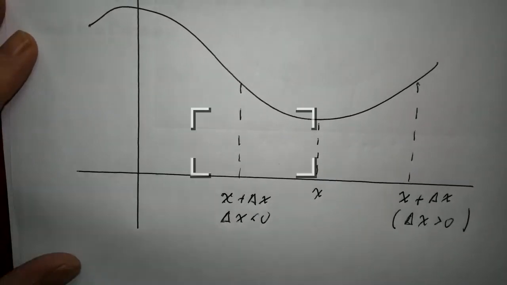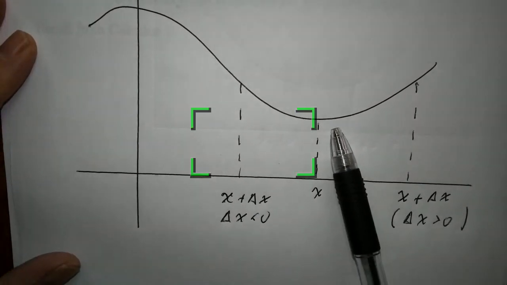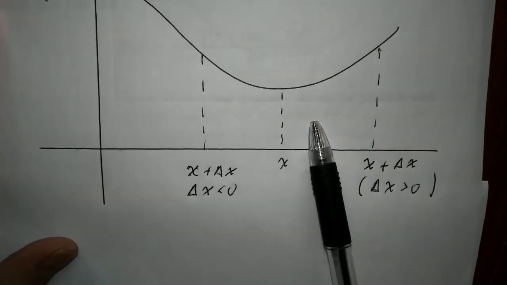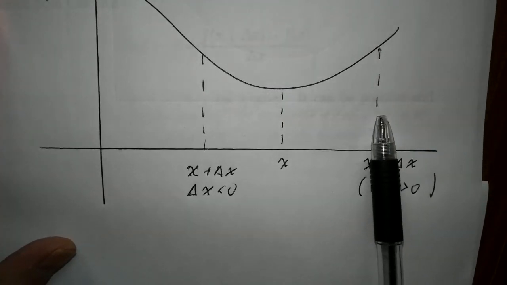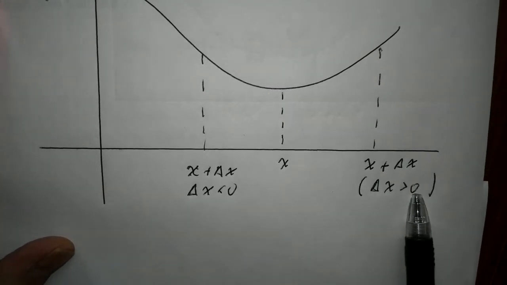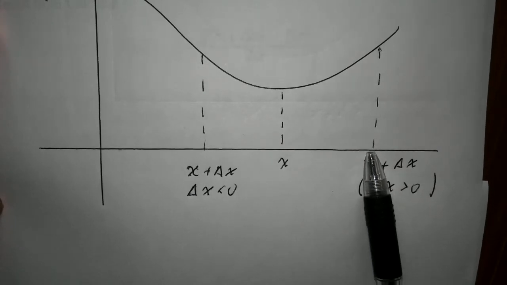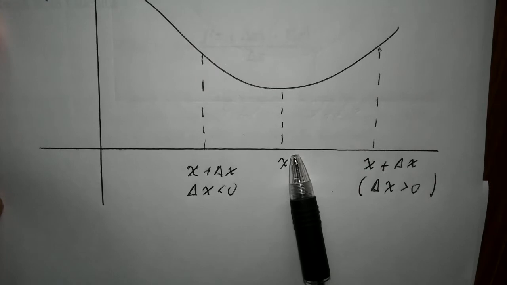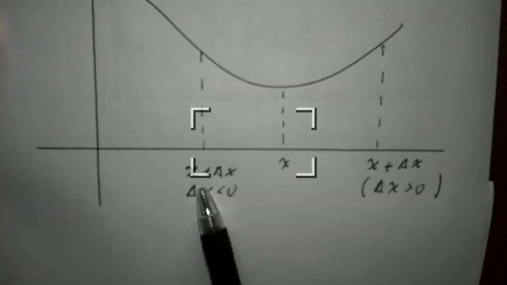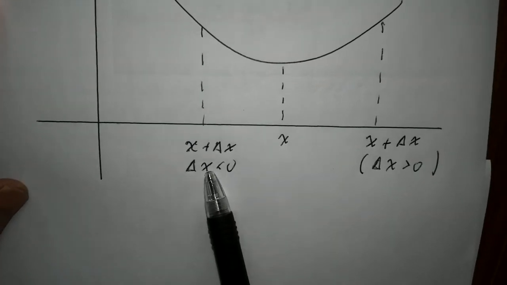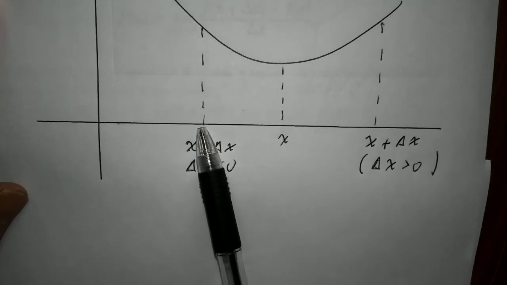So a picture might look something like this. If we're interested in the derivative at x, we can move delta x units over, in which case delta x is positive. As delta x goes to 0 from the right, this point is going to move that way. Or we could write x plus delta x, where delta x is negative, and draw that point over here.